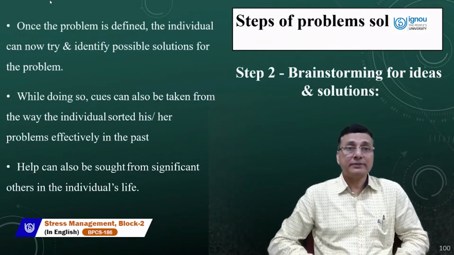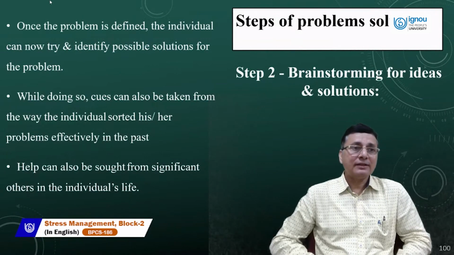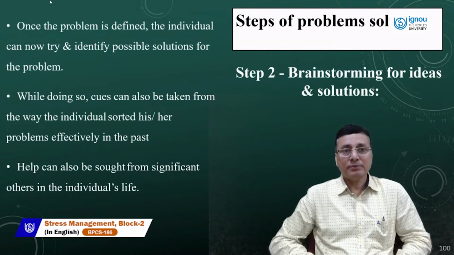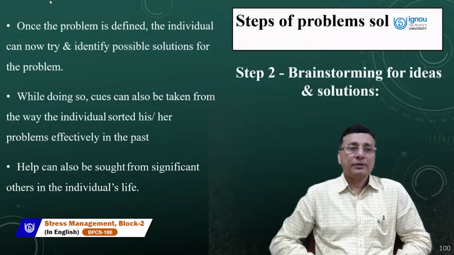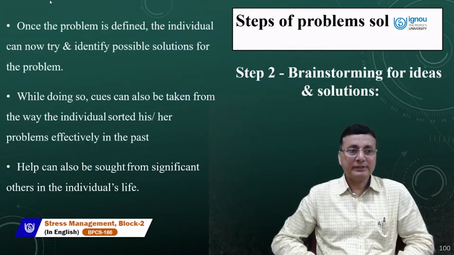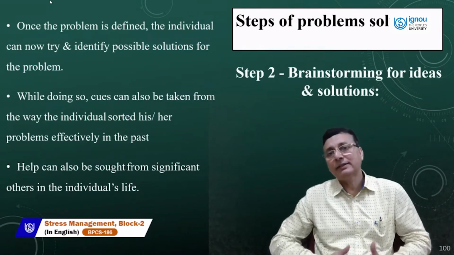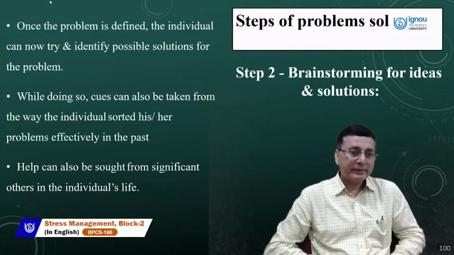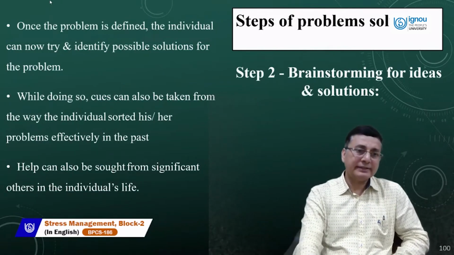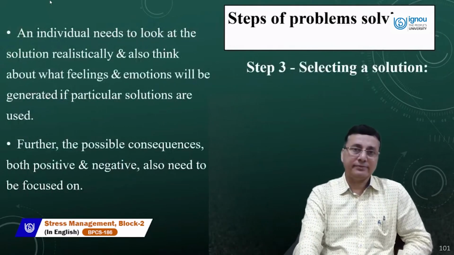Once the problem is defined, the individual can now try and identify possible solutions for the problem. While doing so, cues can also be taken from the way the individual sorted his or her problem effectively in the past. Help can also be sought from significant others in the individual's life.